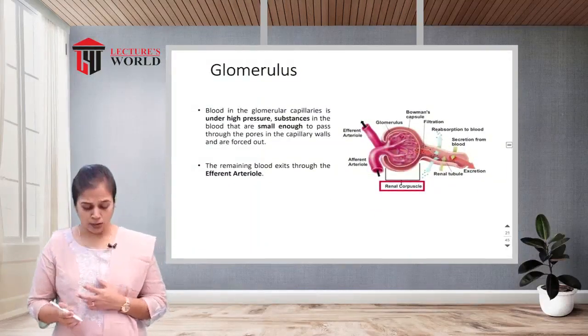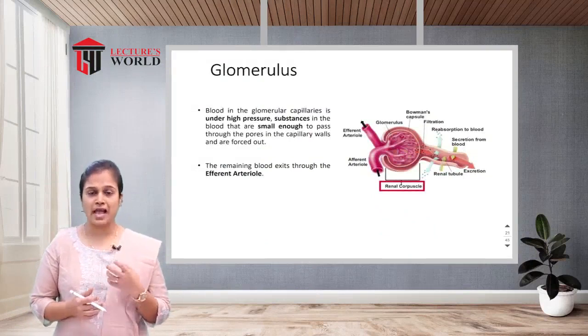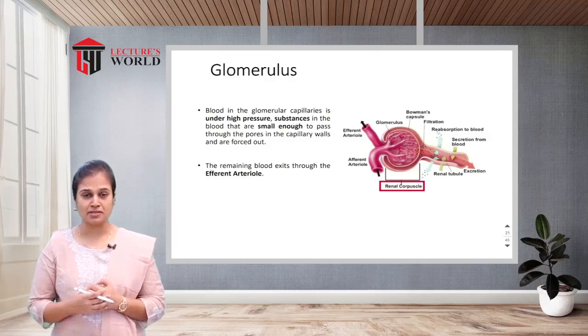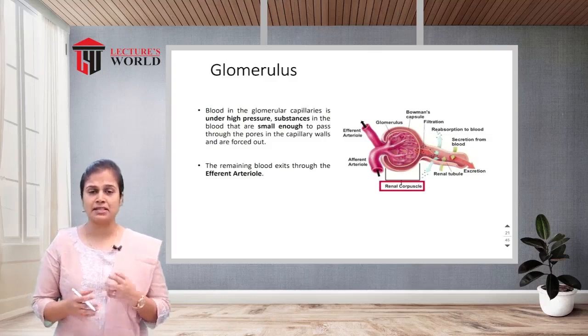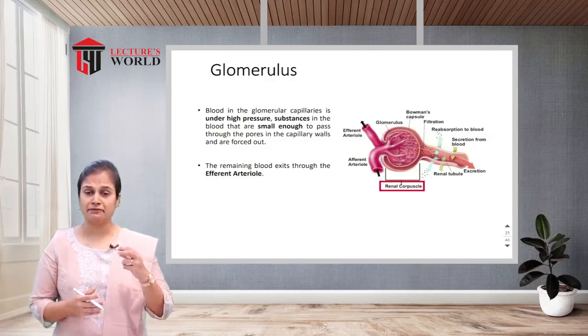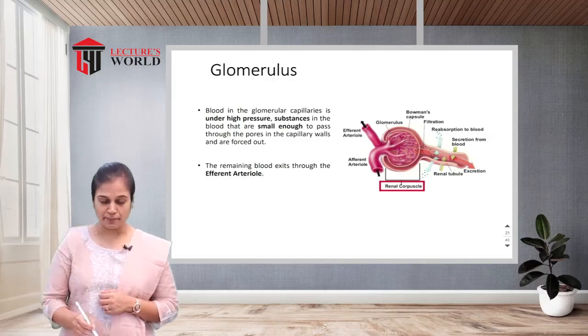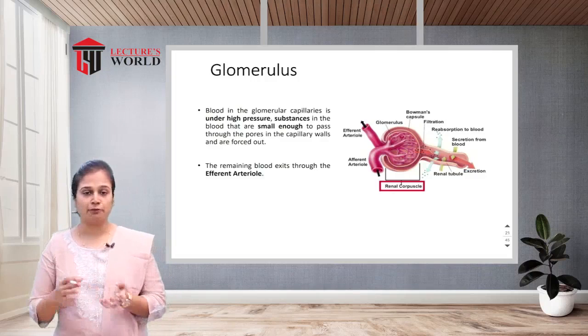Now the blood in the glomerulus is under high pressure. Because of the high pressure, the substances in the blood that are small enough pass through the pores of the capillary walls and are forced out.